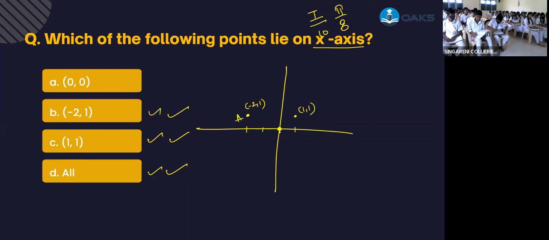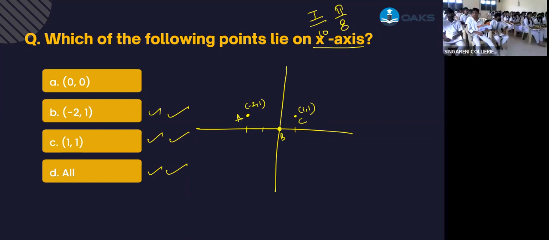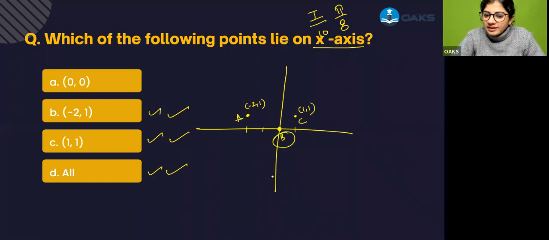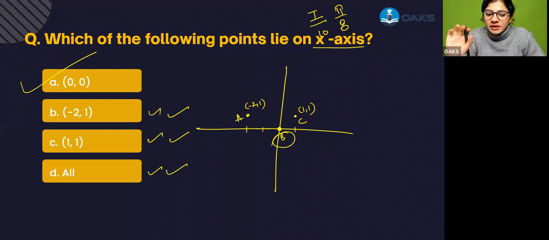And can you tell me from A, B and C which point lie on x-axis? B point, right? That is A option, and none of you answered A option. Everybody is saying B, C, D. Origin is the correct answer.